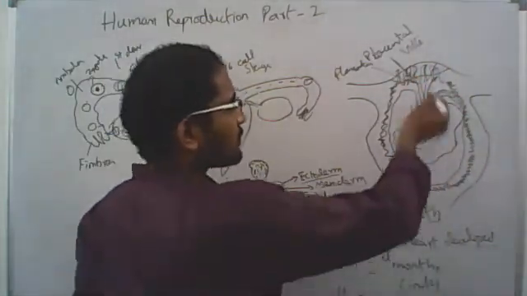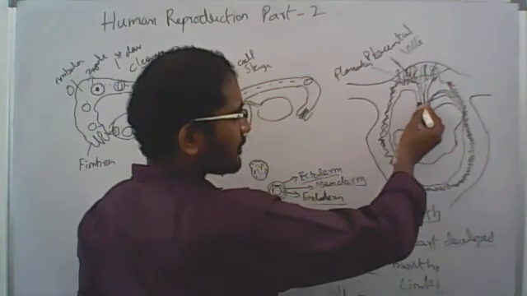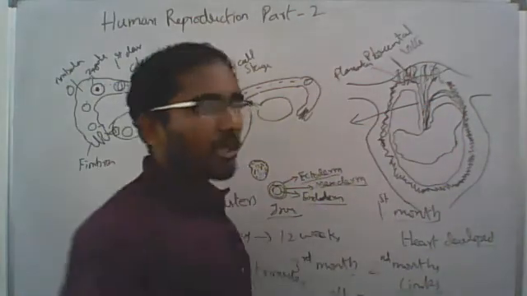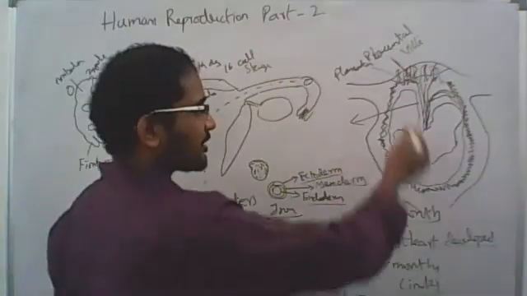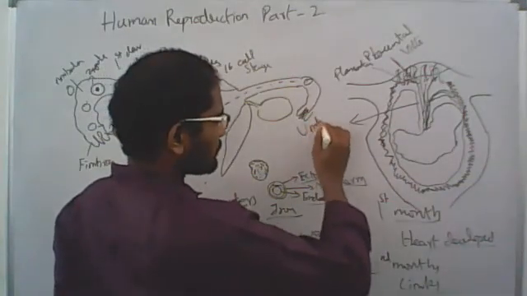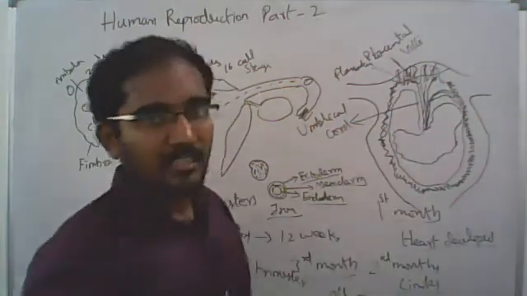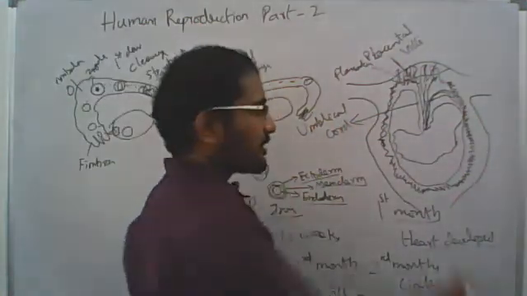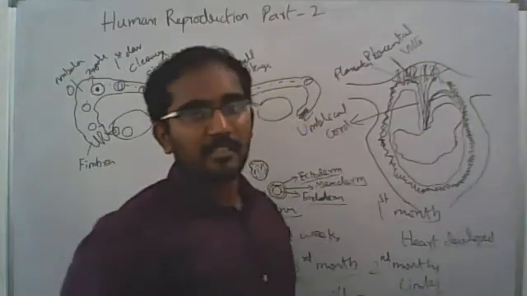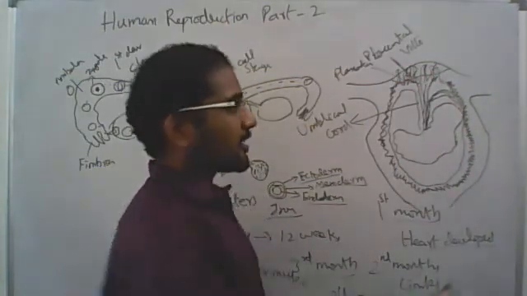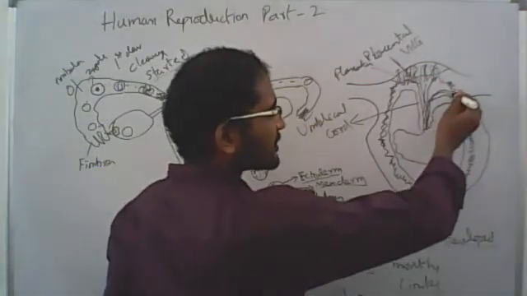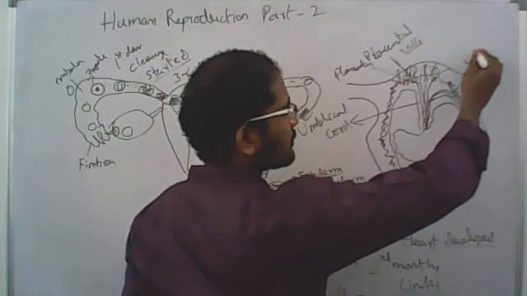After the placenta, the nutrition and all the necessary elements are carried through the umbilical cord. Then it reaches the embryo, and the embryo develops in a yolk sac like content. The remaining yolk sac will be just here.